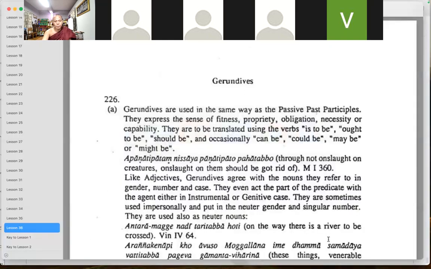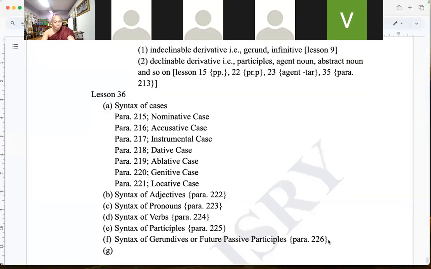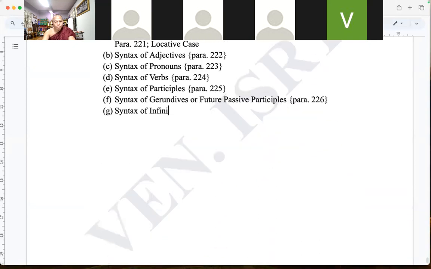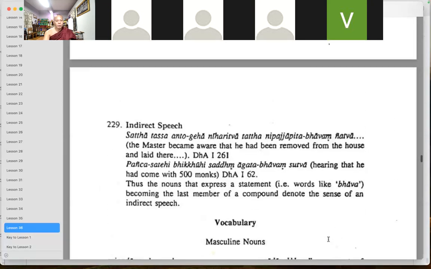And then next is the infinitive. And the last one is, actually, instead of saying syntax, direct and indirect speech in Pali. Okay, so now we finish.